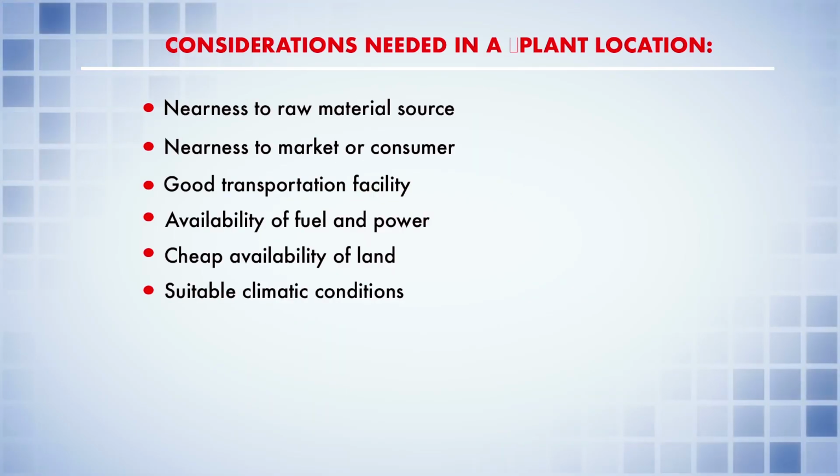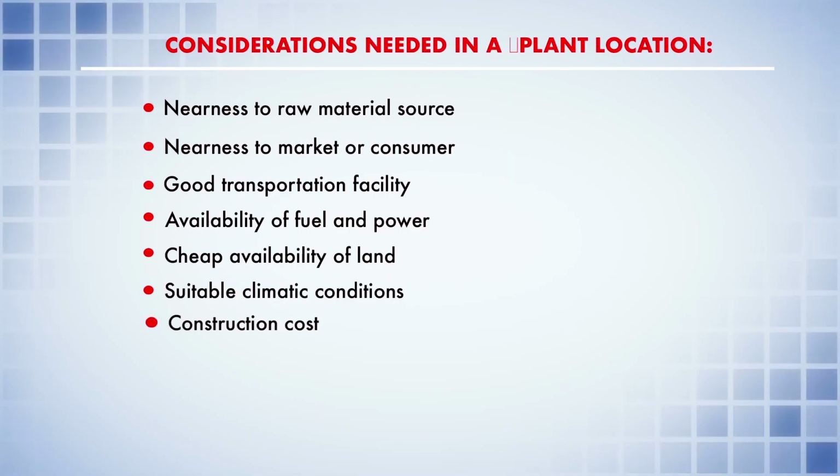Suitable climatic condition. In the case of the textile industry, we need humid conditions. Similarly, in the case of a watch company, we need humid conditions. So for making a selection, we need to give proper consideration to the climatic condition.